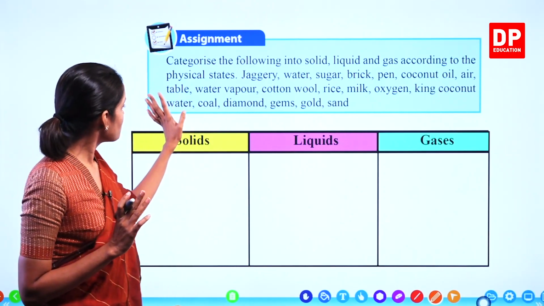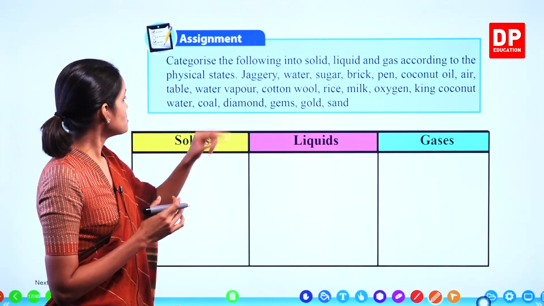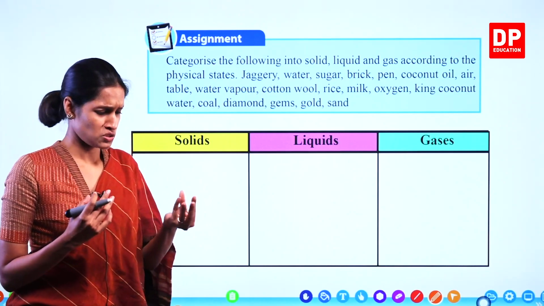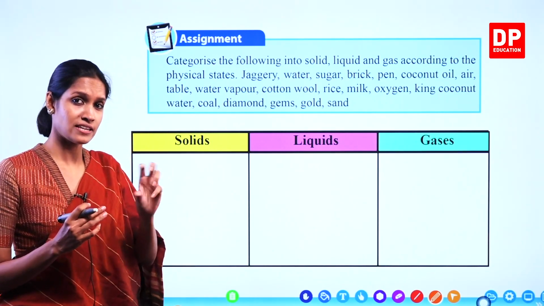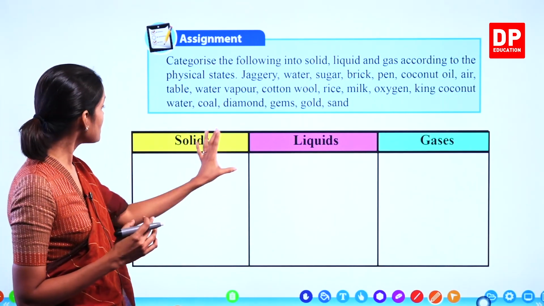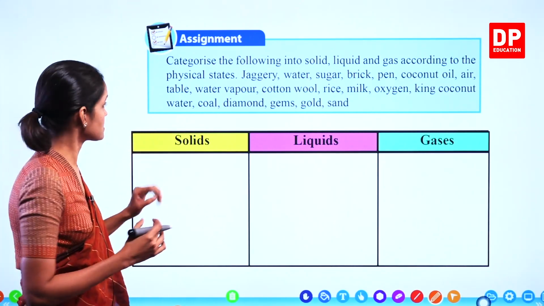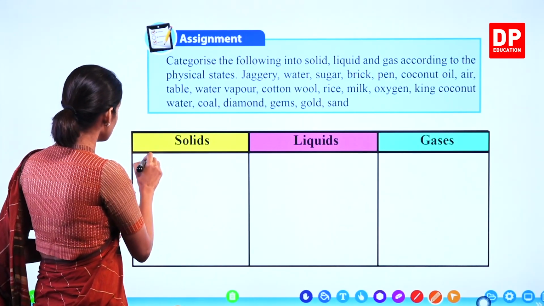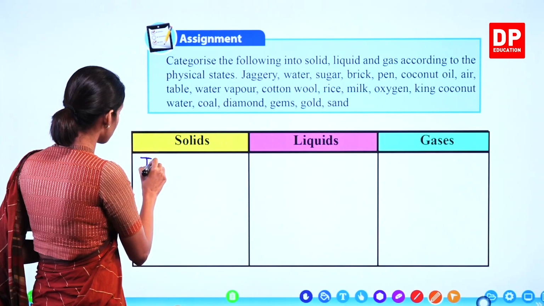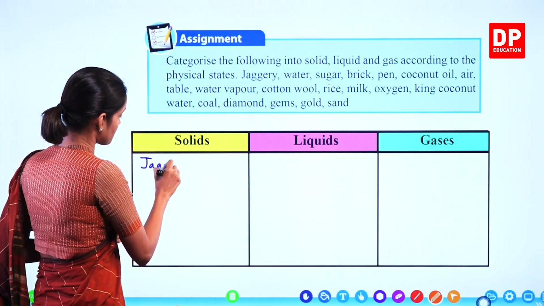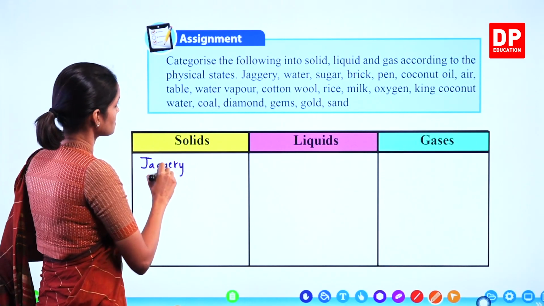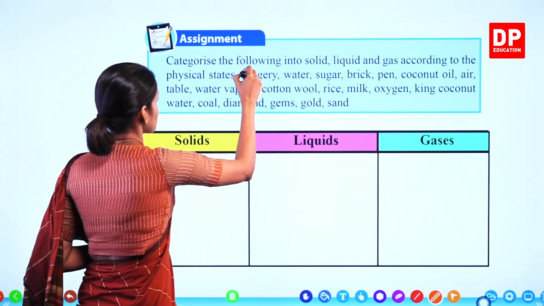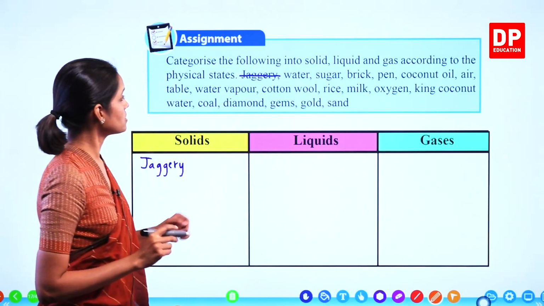Okay? We will take the first one. Jaggery. Jaggery, you can feel it's hard, right? There's a certain shape, therefore it goes under solids. So I will write jaggery here. Because we wrote it, I'm going to strike it off.